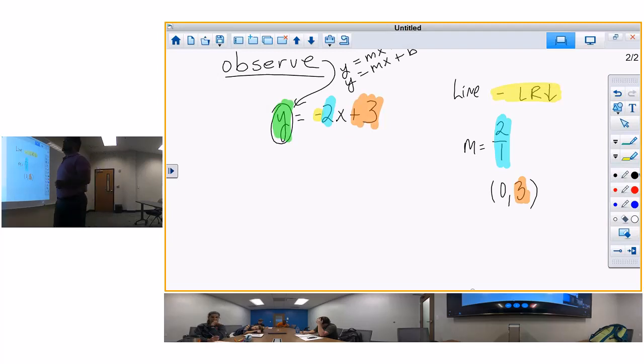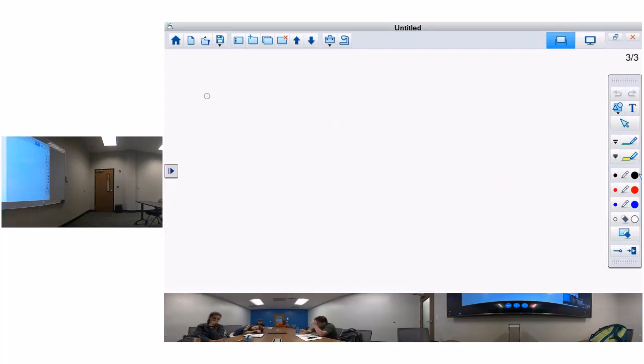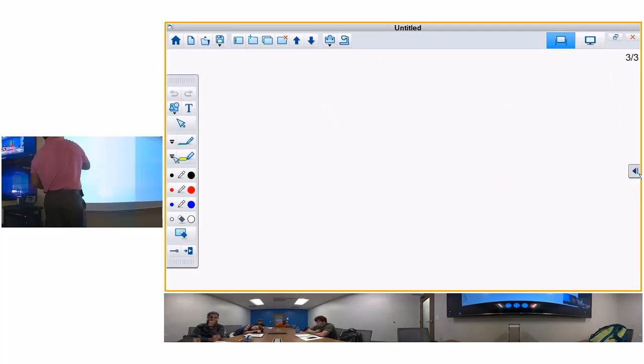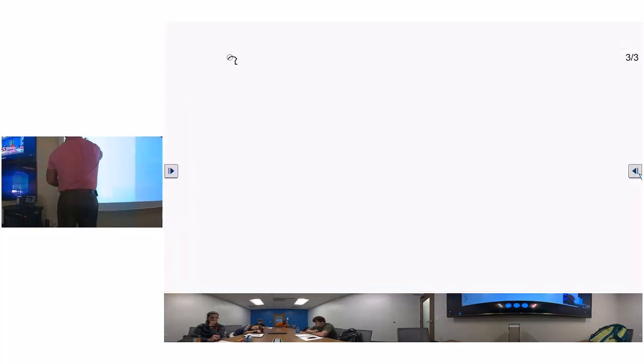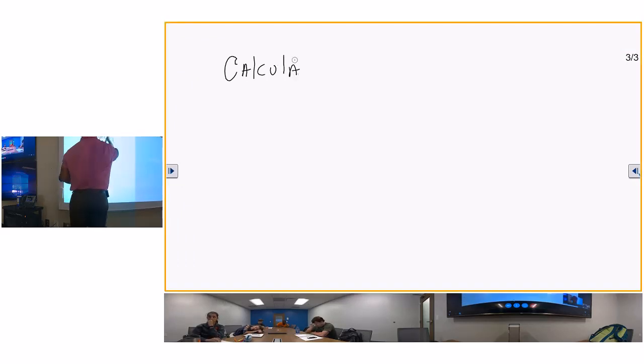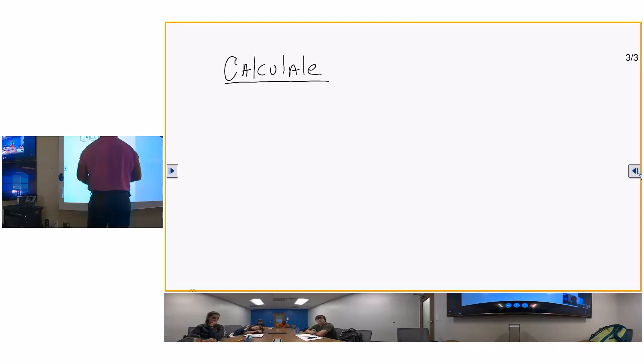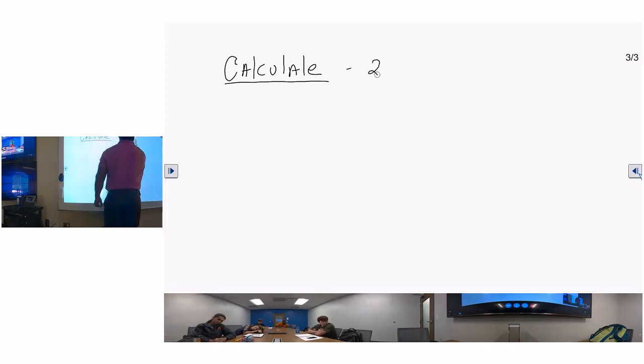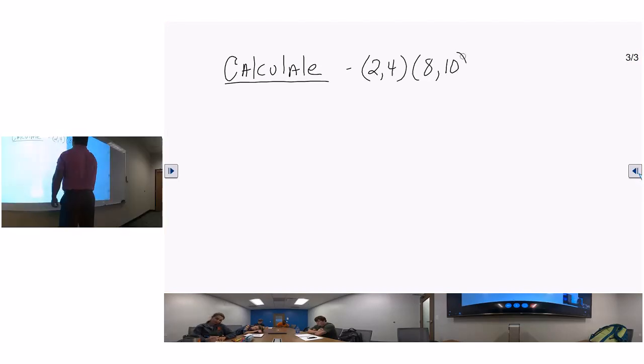Now, what if I want to calculate the slope? Calculating the slope is when you're given 2 points. How are you given 2 points? I can give you 2 points like this: 2, 4, 8, 10. Okay?